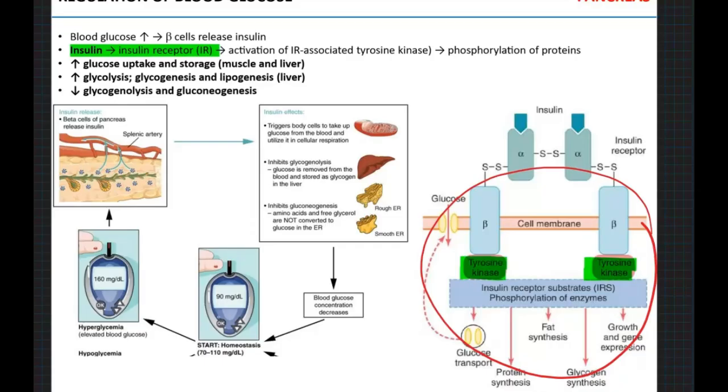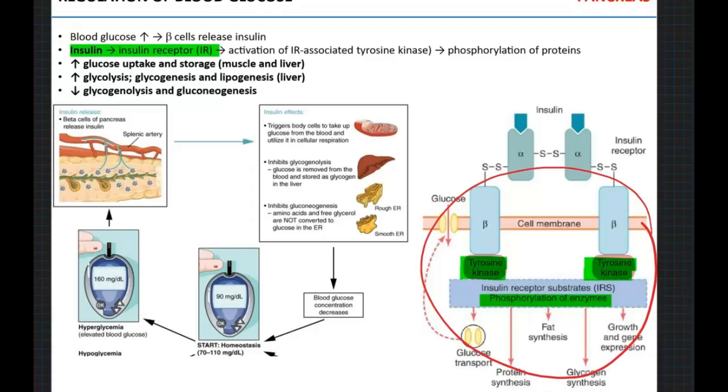Tyrosine kinase is the enzyme that adds phosphate to proteins. So the addition of phosphate activates a bunch of enzymes, and it results in, hear me out, removal of glucose from the blood.